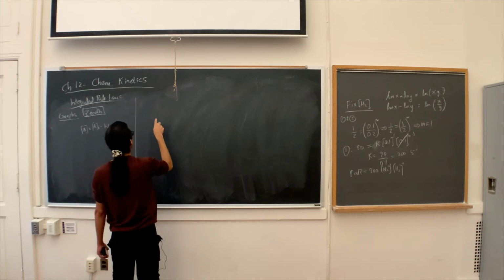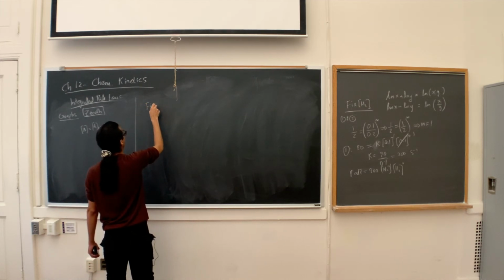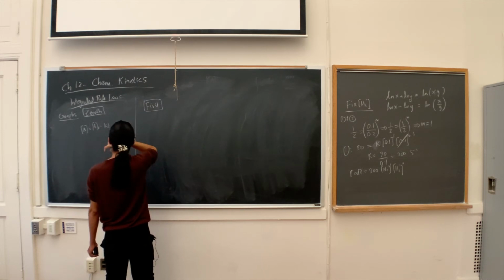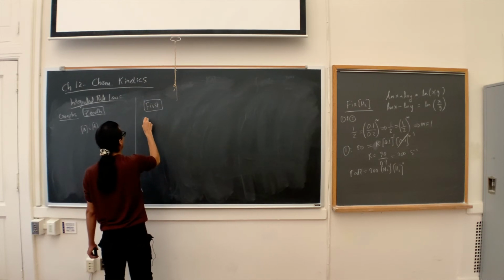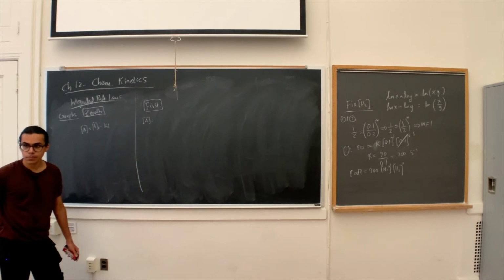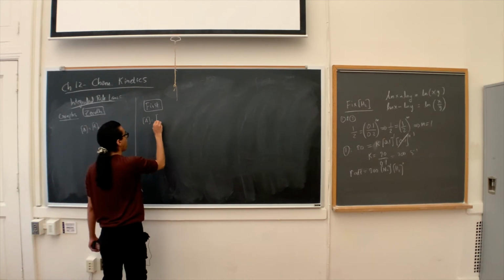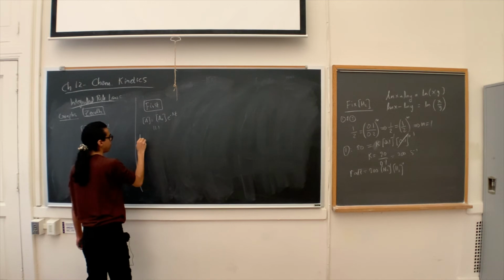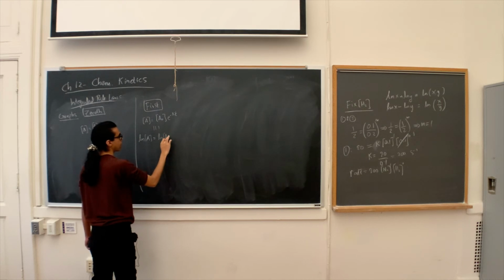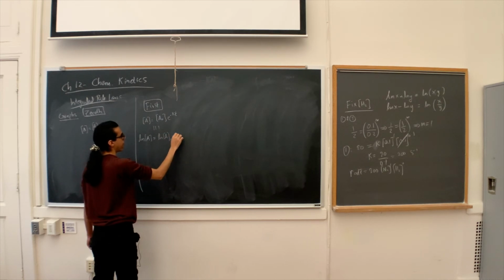And what is it here for the first one? This we also had in another form, ln a equals ln a naught minus kt.